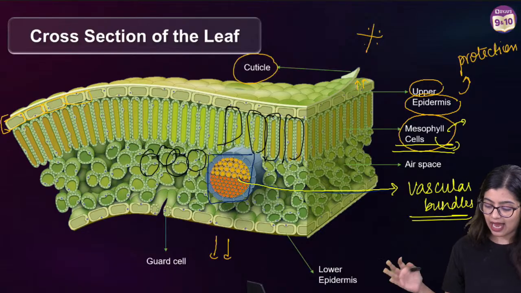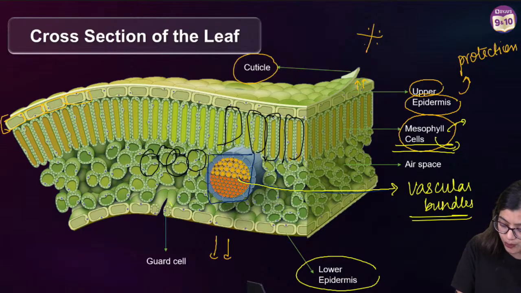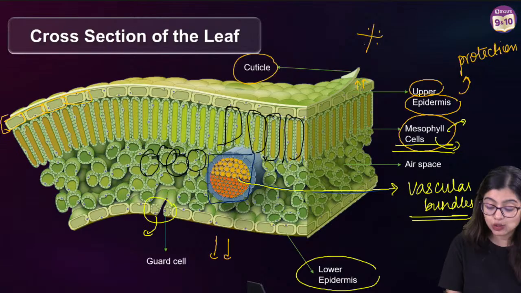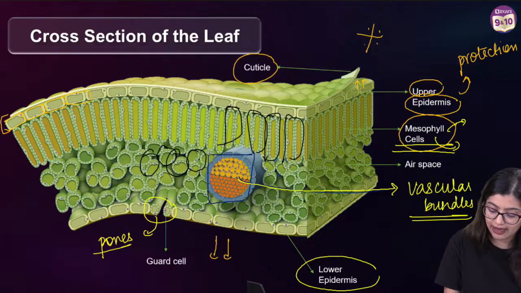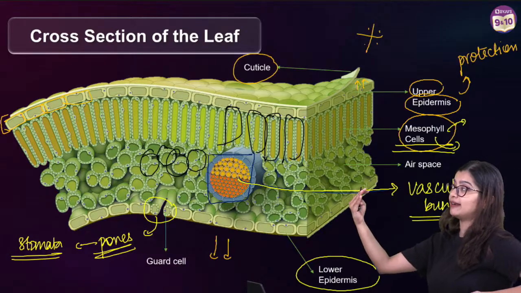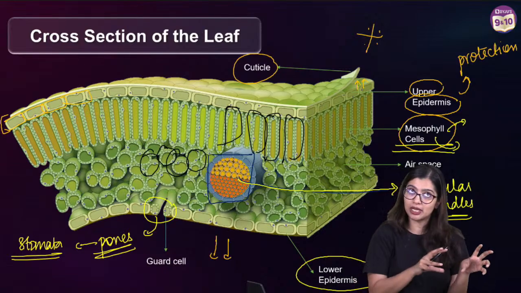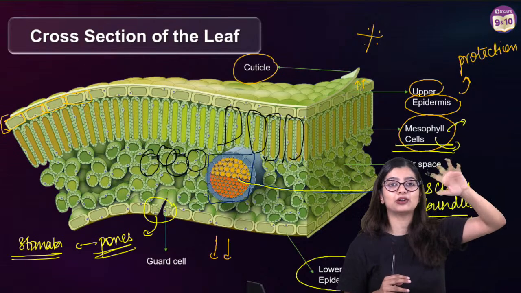phloem. And last but not the least, in your lower epidermis, we also find various openings, or various pores, which we call stomata. We know that the number of stomata is more in the lower epidermis when compared to the upper.